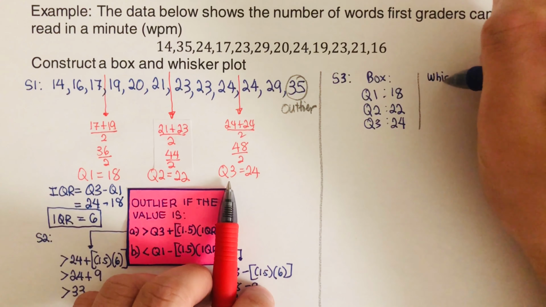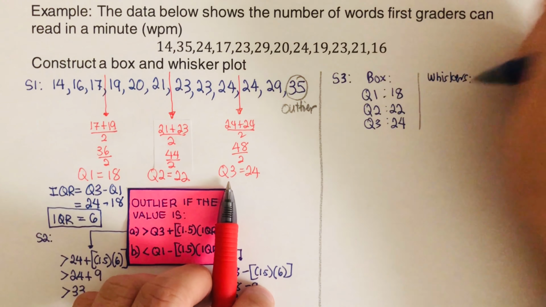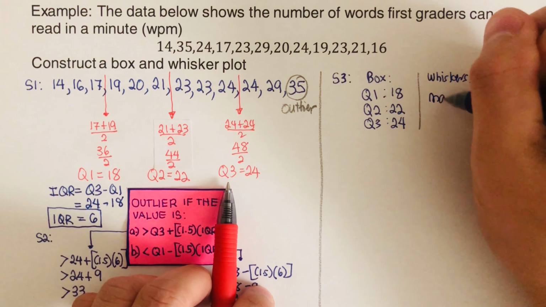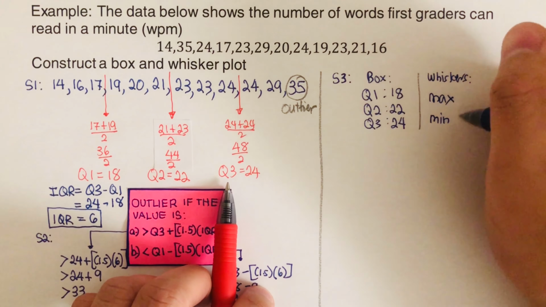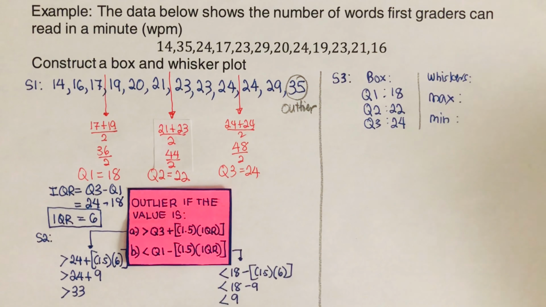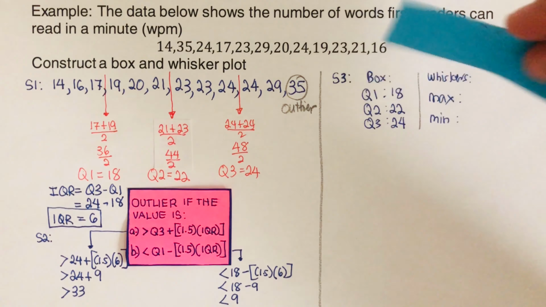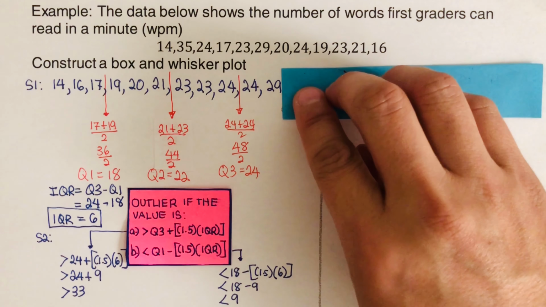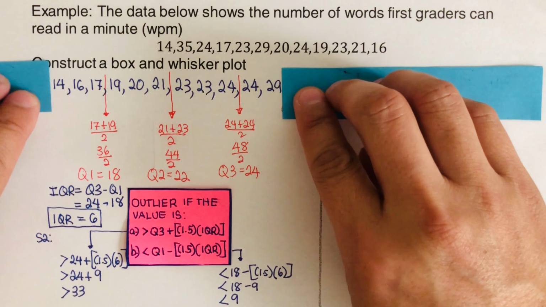So let's see what are these values. We need the maximum and we need the minimum, and that is excluding the outlier. So pretty much we take the outlier off of the list, and then we take these values. So the highest or the maximum is 29 and the minimum is 14.